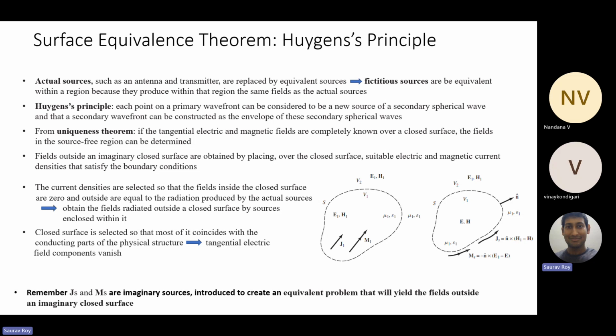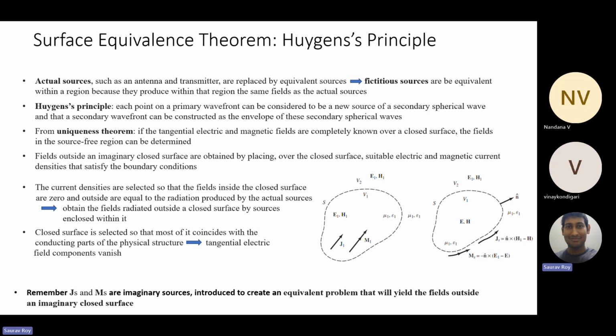This is the problem. That is why we need a surface equivalence theorem. Now I will state what it is. Okay, sir. To make it simplified, this equivalence theorem is used. Yeah, exactly.